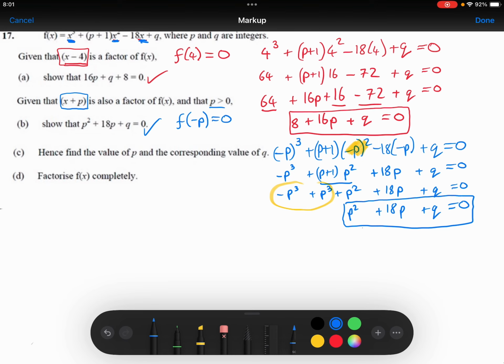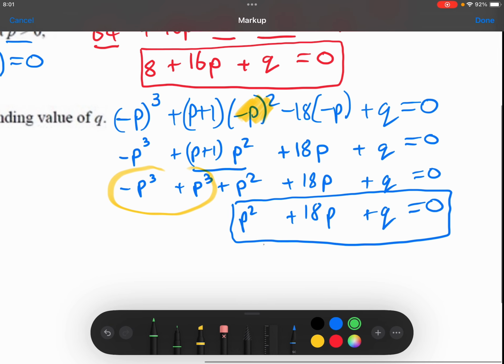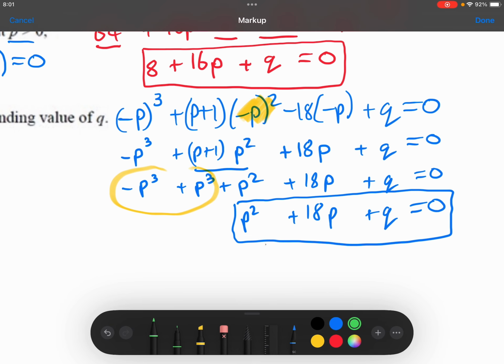Right, part C, it says hence find the value of p and the corresponding value of q. So we need to solve these two equations simultaneously. Lots of different ways we could do this. I'm going to make q the subject of this first equation. So I'm going to subtract the 8 and the 16p from both sides.